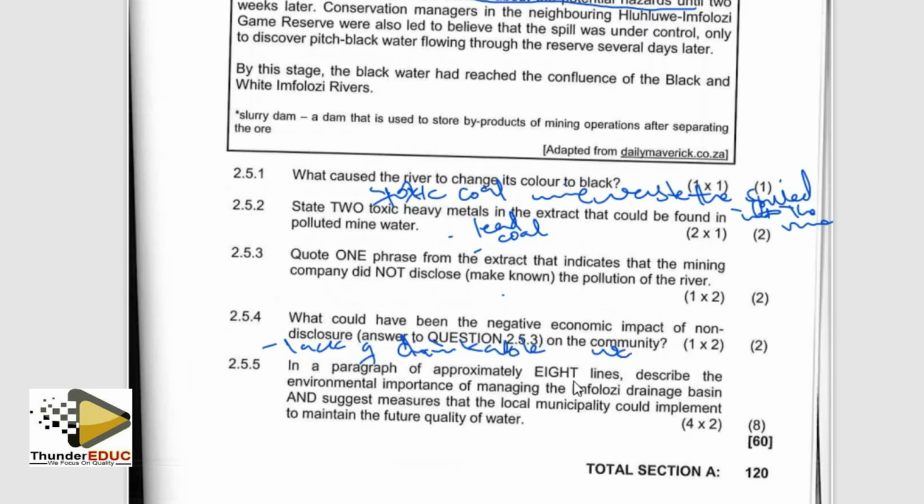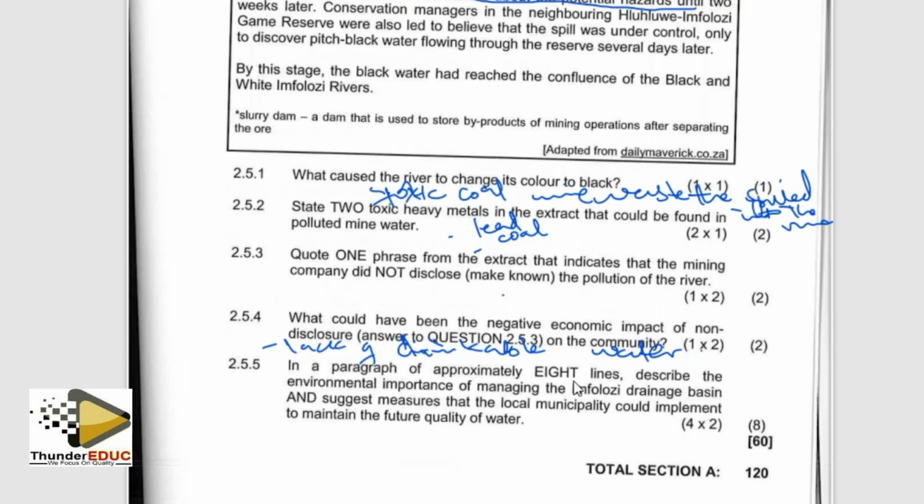The water was polluted, so the residents were affected when they were unaware, because the water that was available was now toxic. So here we are going to say lack of drinkable water.